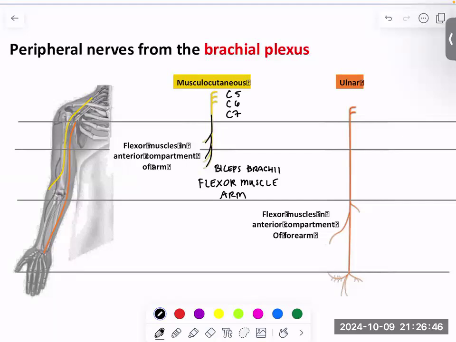Which one are we doing next? The ulnar nerve. This one is C8 and T1. That's where its roots are. And it goes down to the muscles that flex your wrist and fingers.